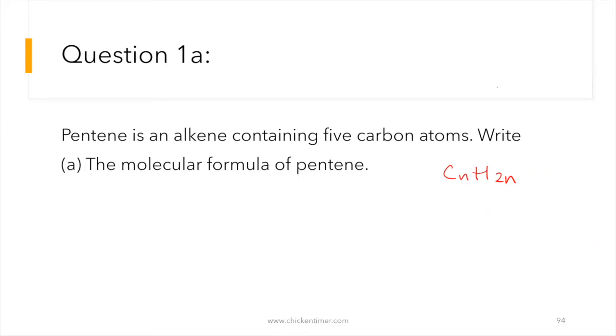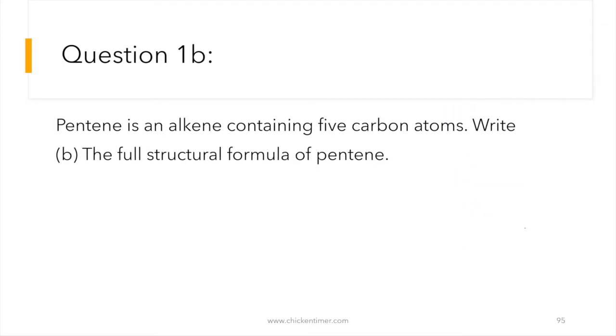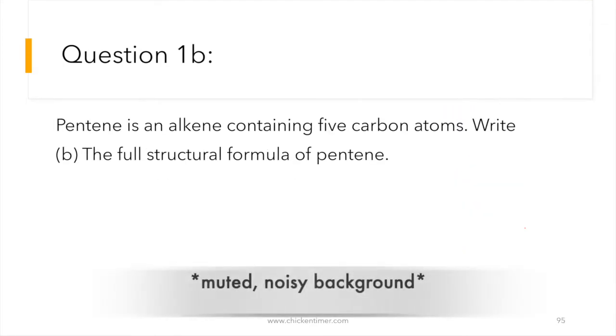Why H12? The general formula for alkene, isn't it 2n plus 2? No, that one is alkane. Oh, okay. So it's just 10 now. C5H10. That's why at the start of alkenes, I even circled and told you the difference between the two.